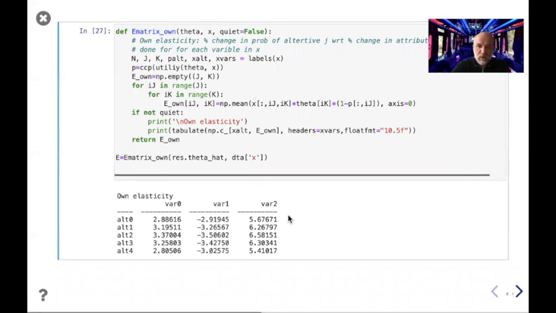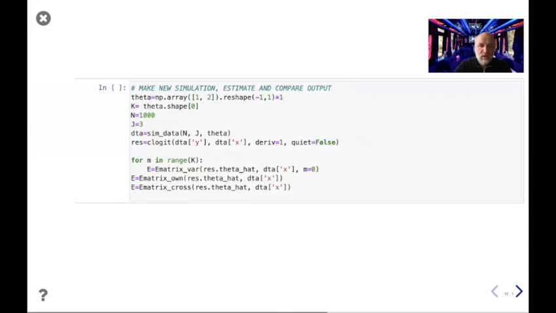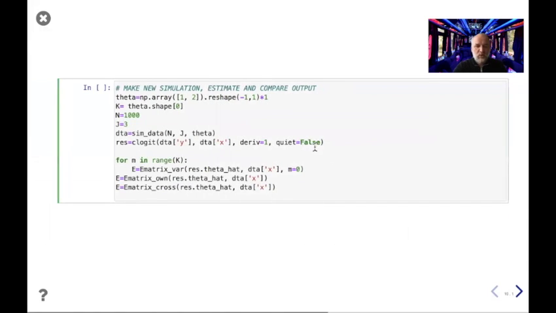What this number means is, if I increase the attribute of alternative 0, it's going to increase the demand for alternative 2 by 5.6%. That's really what is going on. Here's one where you can compare all of them.